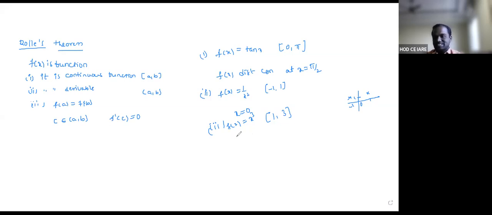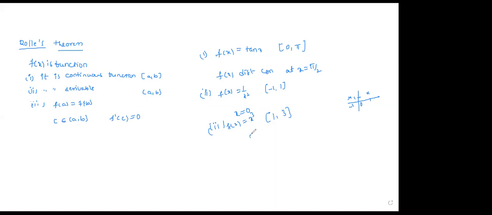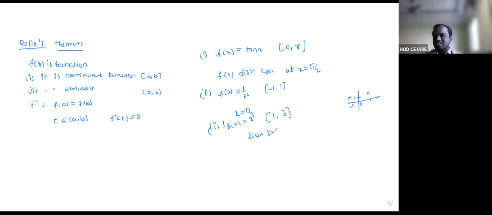Second condition is differentiable. Differentiable means we can write f dash of x is equal to 3x square. It is satisfied in the open interval of 1, 3.